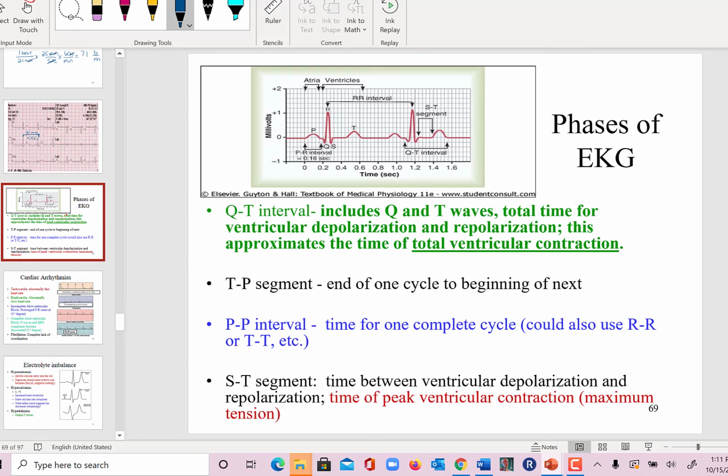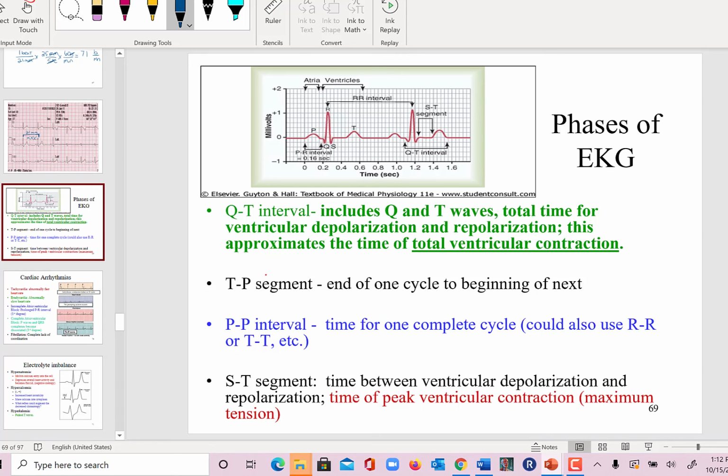On your lab exam, let me say it again, you will be asked to calculate heart rate. You will be asked to calculate the time required for an interval or a segment. But also in your EKG, we will ask you to match descriptions of your P wave, your QRS complex, your T wave, your QT interval, your TP segment, your ST segment, all your intervals and segments that have been described to you, with your terms.